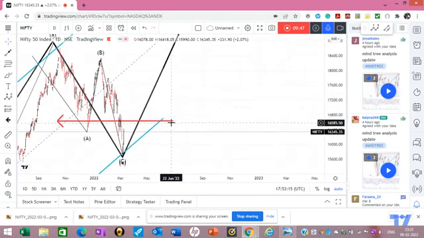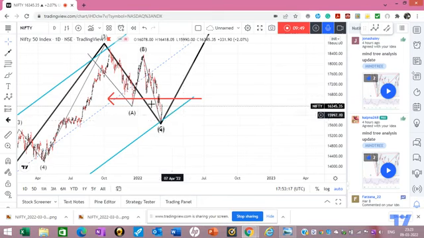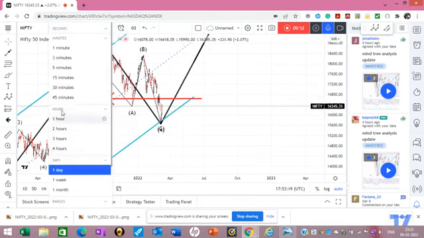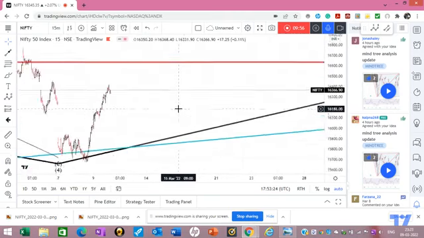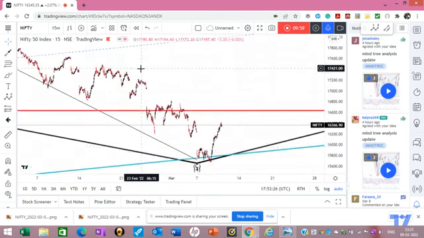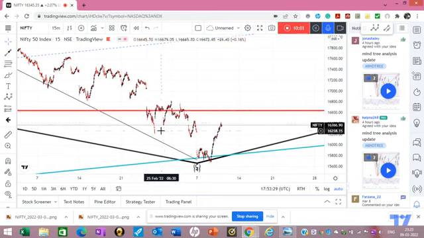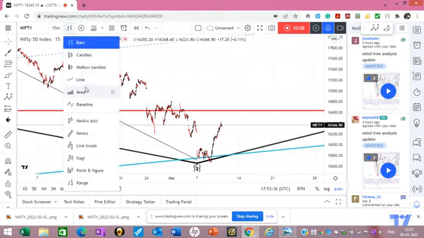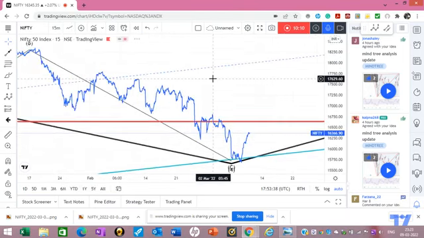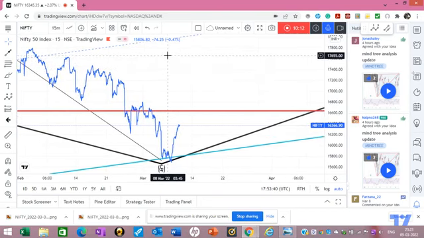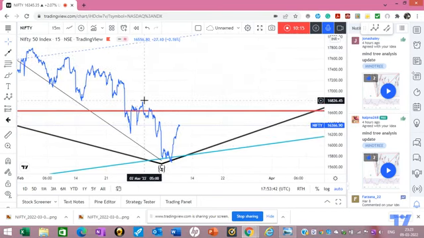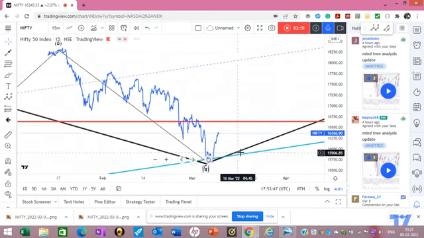Now let us come to the 5 minute or the 15-minute chart, and let us see what is happening. So this was the triangle, ABC, on the 15-minute chart. I'm using a line chart, and this was the last wave, wave 5.